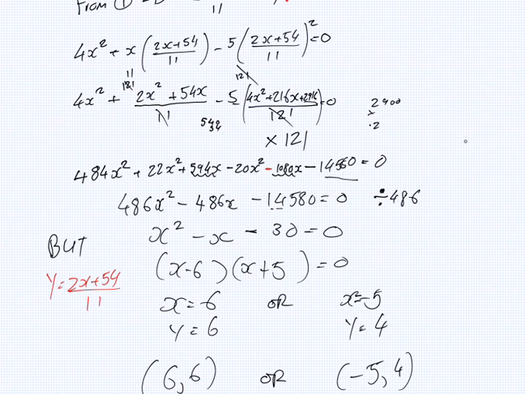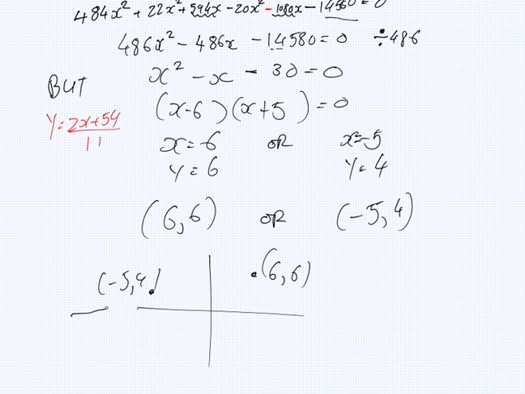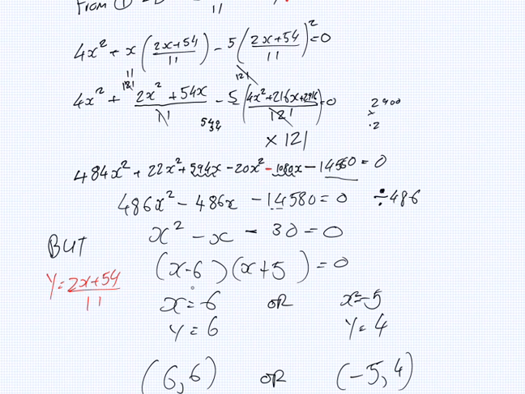Let's quickly draw the graph here. So the graph here will be like (6, 6), and then here will be your (minus 5, 4). Here is the straight line. Sorry, this is forbidden.